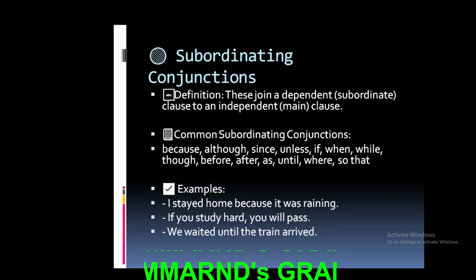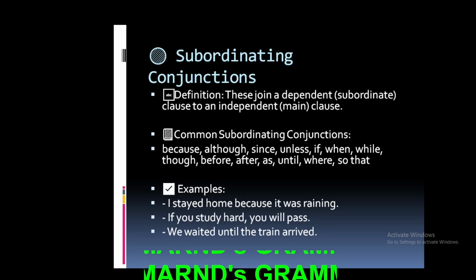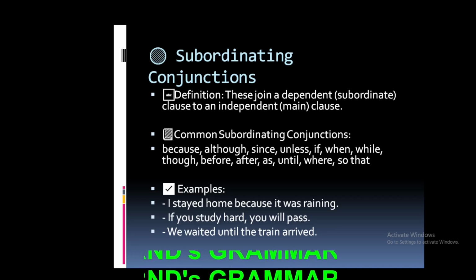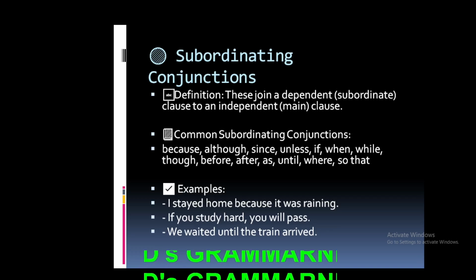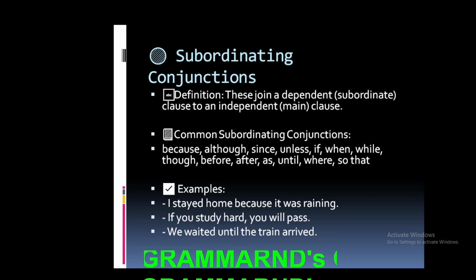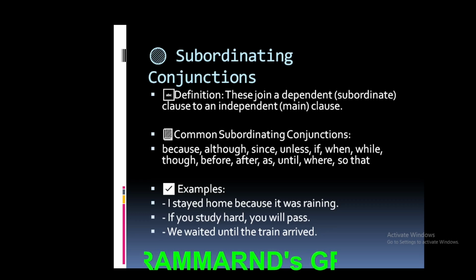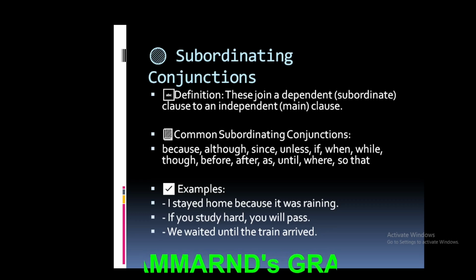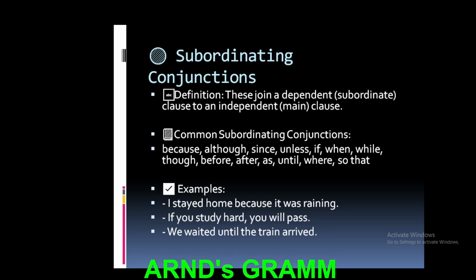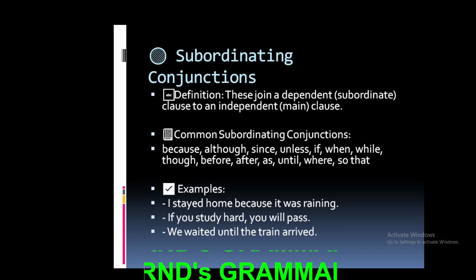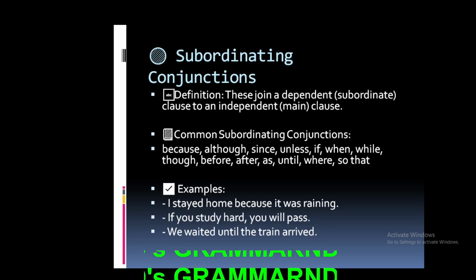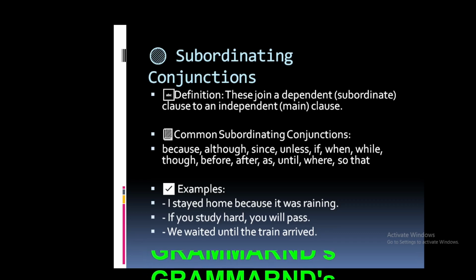We waited is the main clause which contains subject and verb. Until the train arrived is the subordinate clause or dependent clause which begins with subordinating conjunction until. So students, you can use the other conjunctions like this and you will get so many examples and detailed explanation in your grammar books. Please consult them.